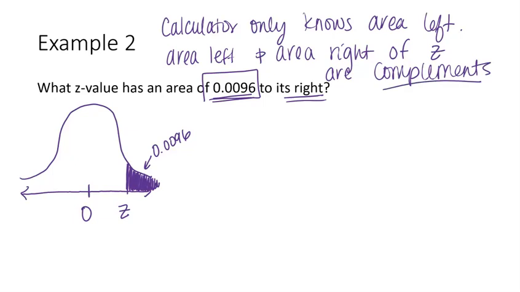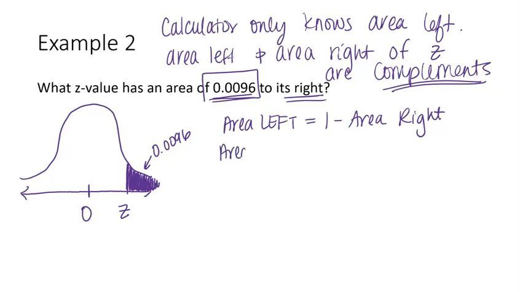Remember what that means from probability. That means area left is the same thing as 1 minus area right, because the total area under this curve is 1.